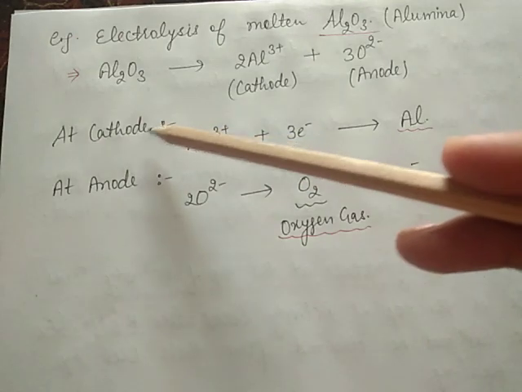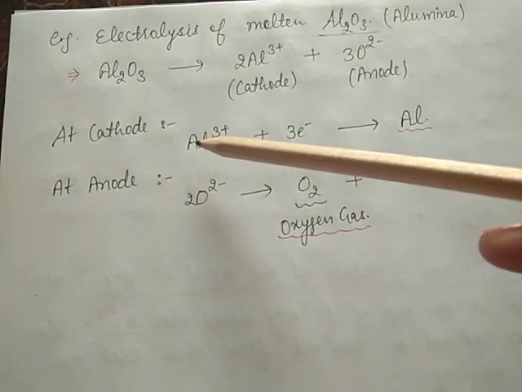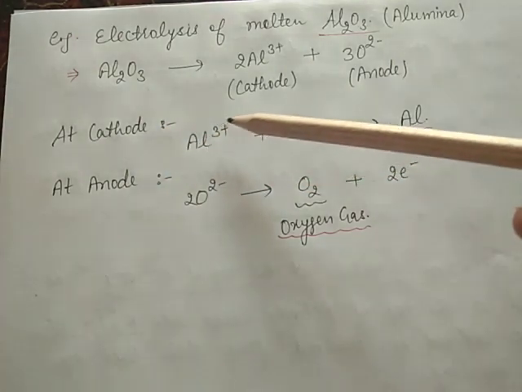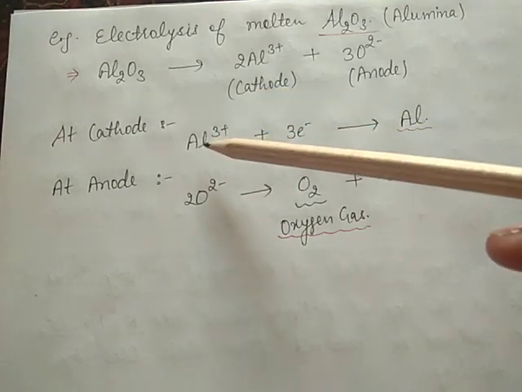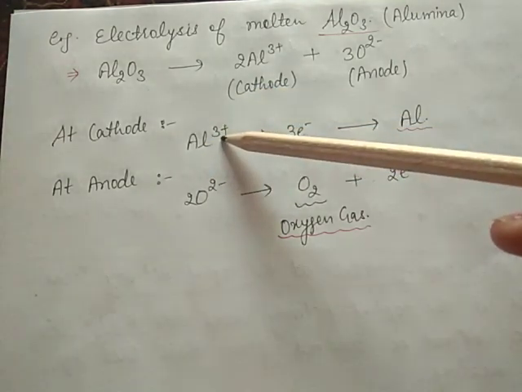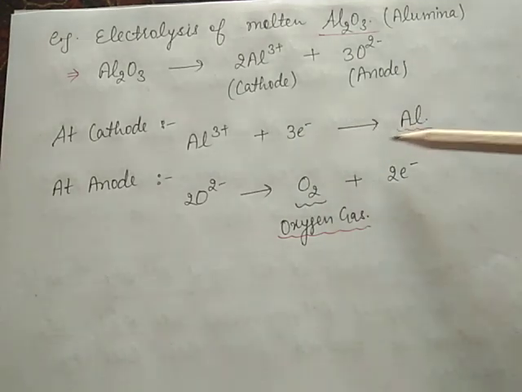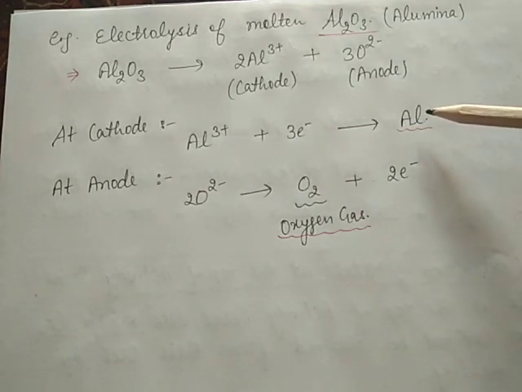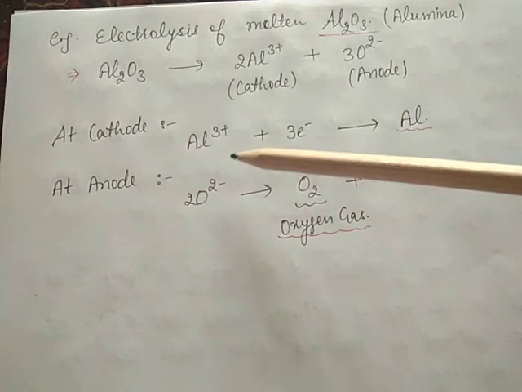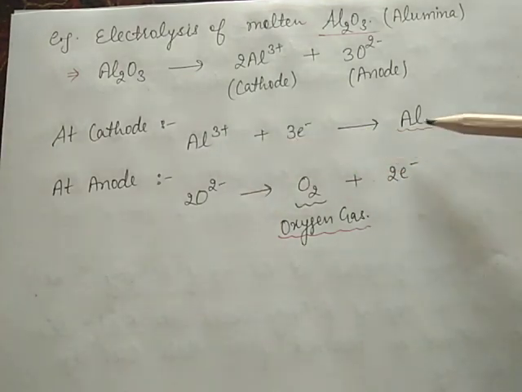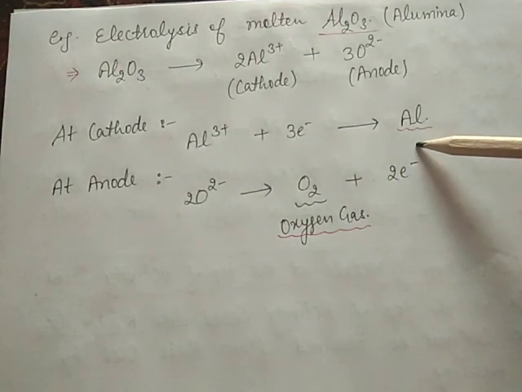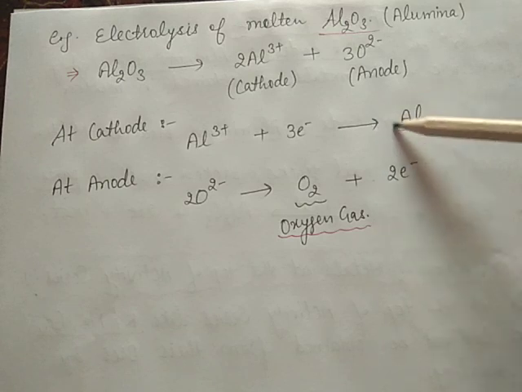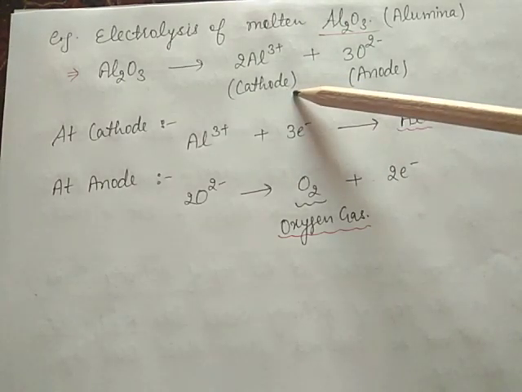So at cathode, reduction takes place. After gaining the electrons, aluminium +3 ions, after gaining 3 electrons, change into Al. Means here aluminium +3 is reduced to Al, and it is deposited at the cathode.